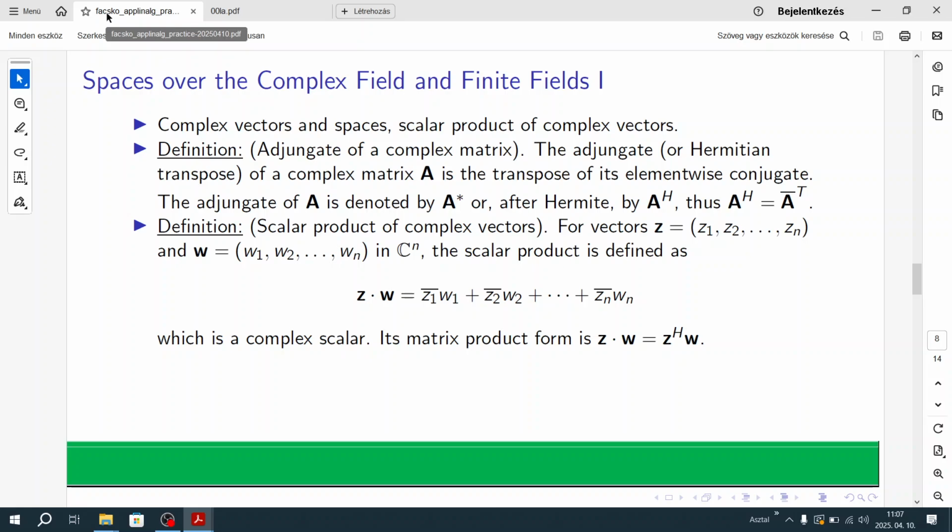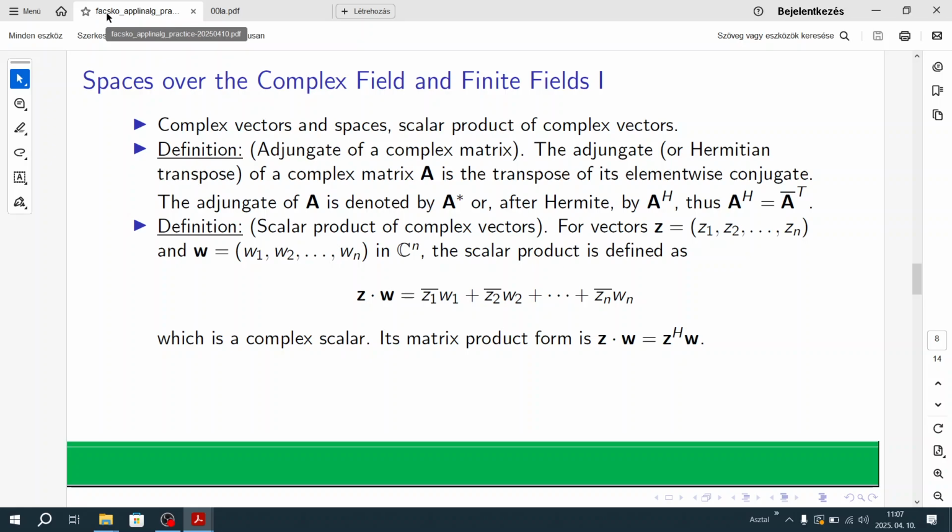You have a complex number c, an element of C. You can write c as a plus bi, where a, b are elements of R. You remember this.